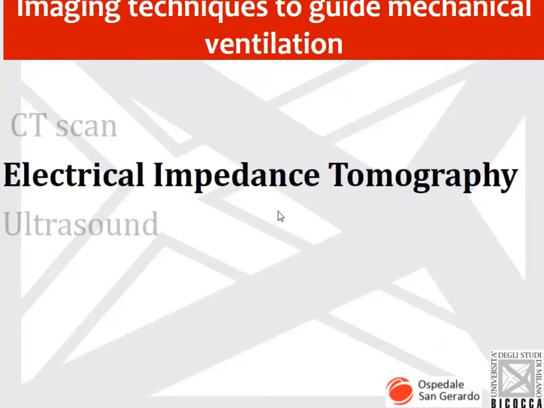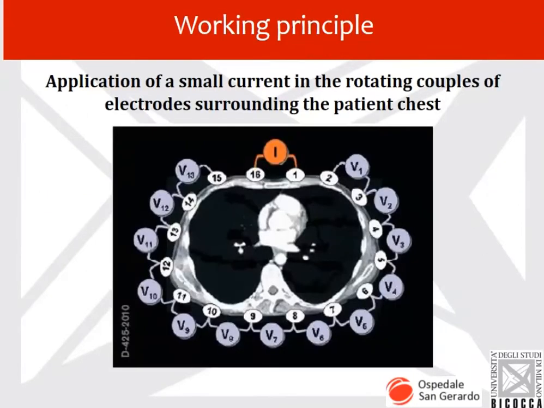EIT. Going to the next topic, EIT, I would spend a few words on how the technique works, just because it has been released on the market quite recently and it's not that common. EIT is based on the application of a small alternating current between two electrodes, and there is a belt around the patient that is measuring the potential generated by this current.